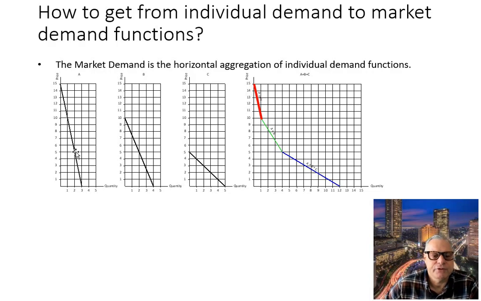At the price of 5, A's quantity demanded is 2. And at the price of 5, B's quantity demanded is also 2. So that means that at a price of 5, total quantity demanded is 4. So that would be this section here.